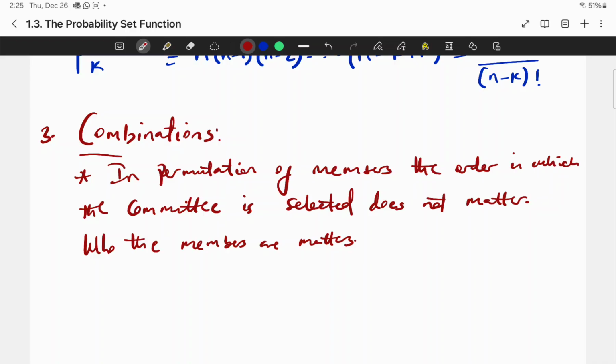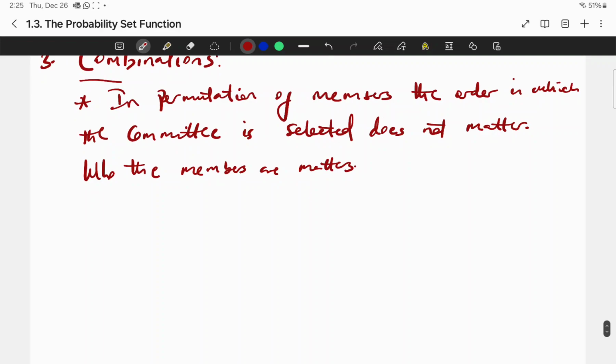But in combinations, we have to answer the question: if the same group of k members are selected, in how many ways can they permute among themselves?